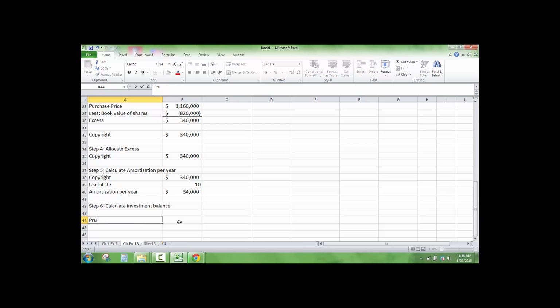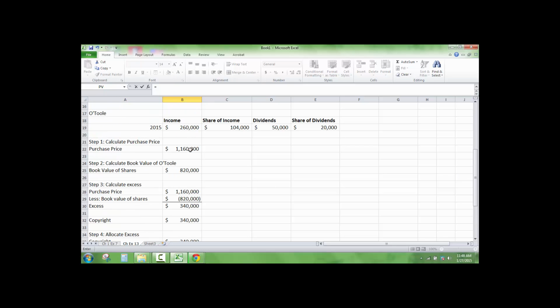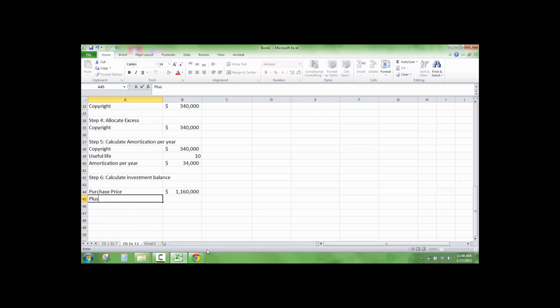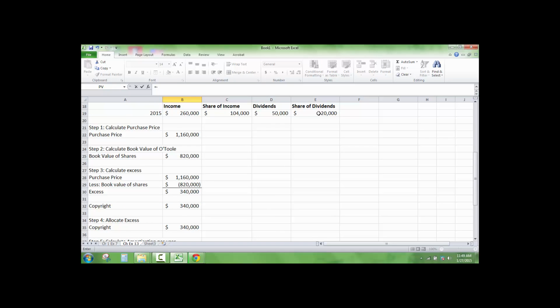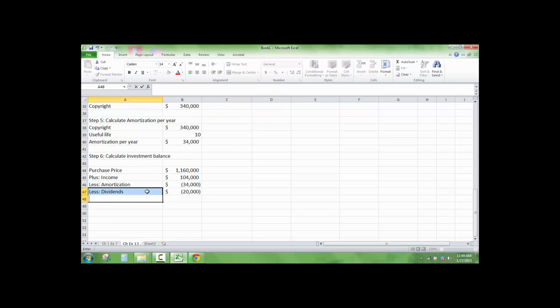So purchase price plus income, which is 104,000, less amortization, less dividends, equals ending investment balance.